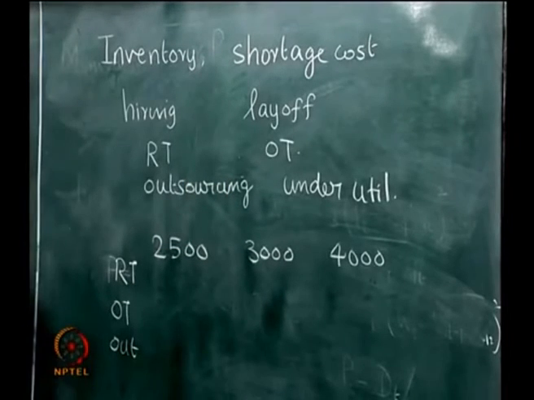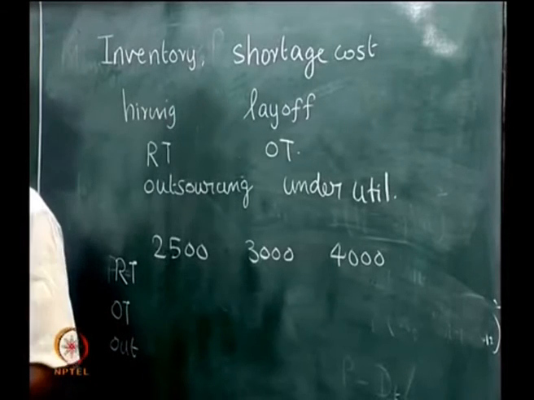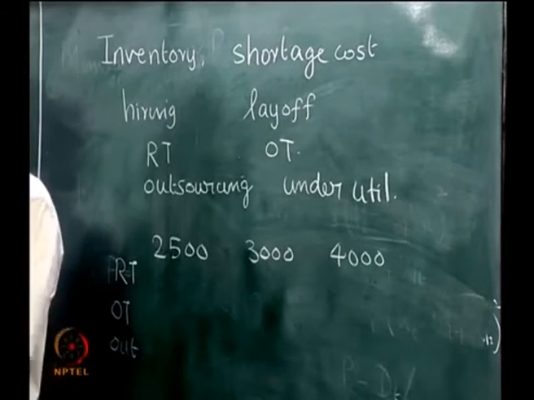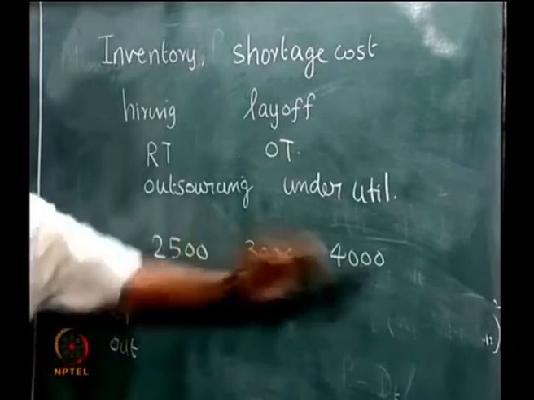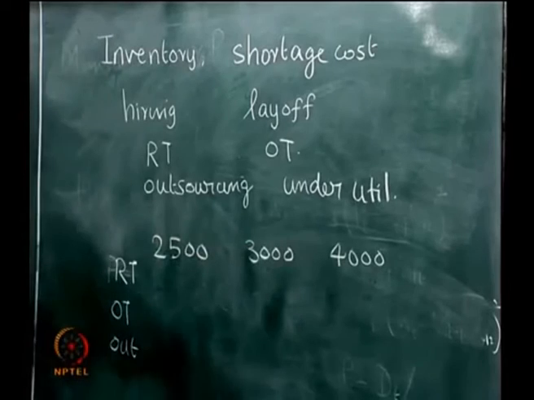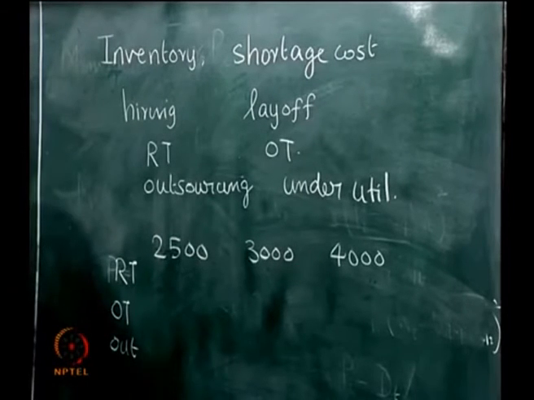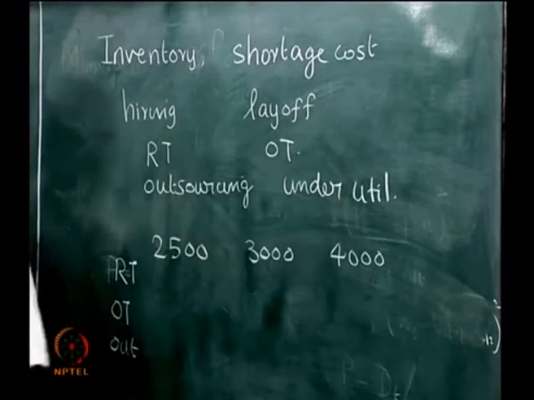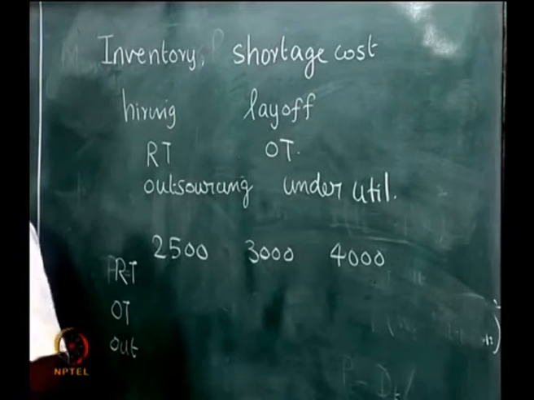That is another strategy. So, organizations can use either of these pure strategies. One pure strategy is to produce an equal quantity, incur inventory and shortage, and keep the workforce fixed. The other pure strategy would be to produce the demand, vary the workforce and not incur inventory or shortage costs.